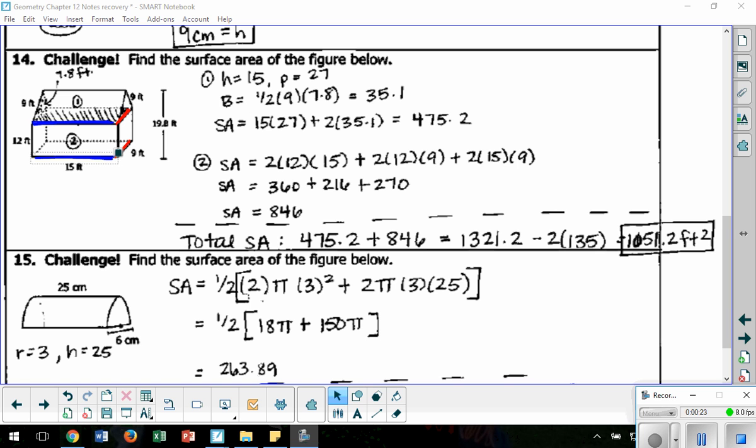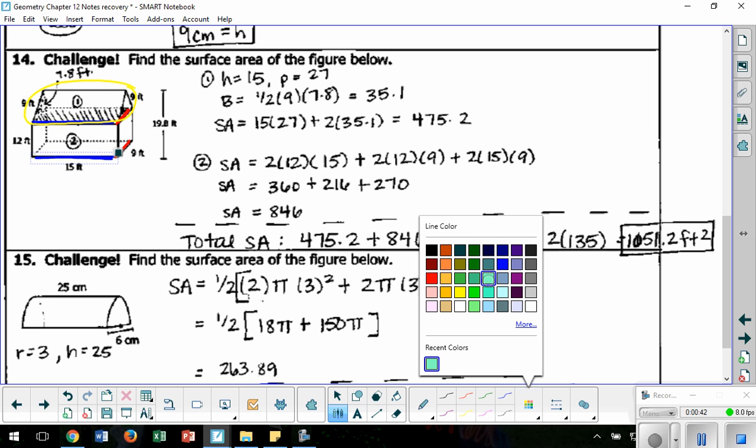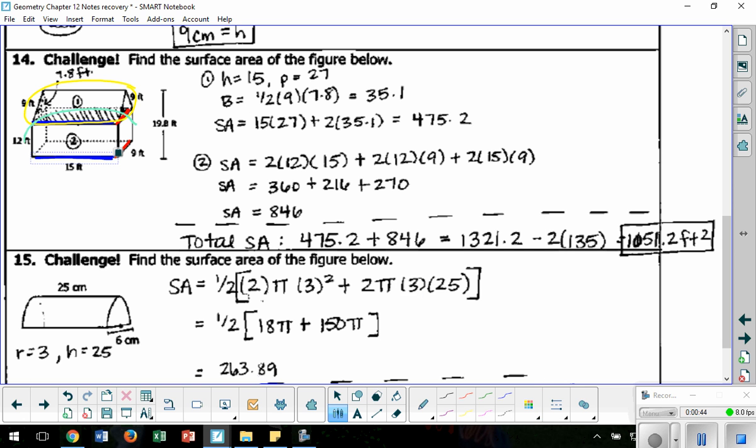So for the top one, you have this figure. It's a triangular prism. So I am looking at that figure, the triangular prism. And then for the second figure, I'm looking at the rectangular prism.